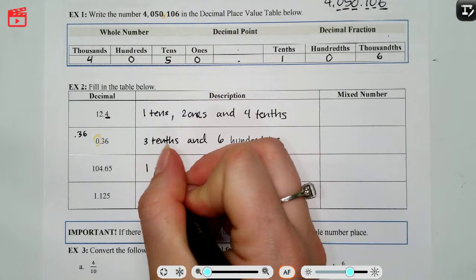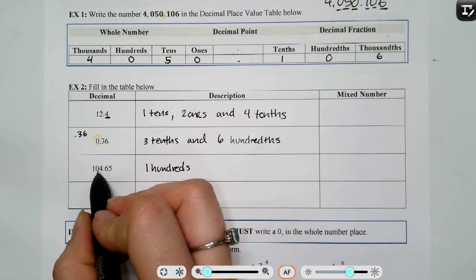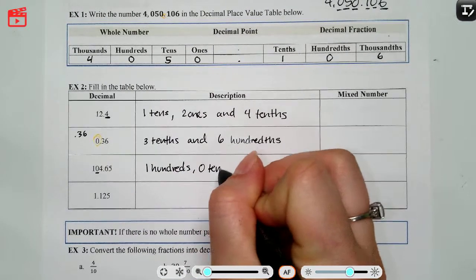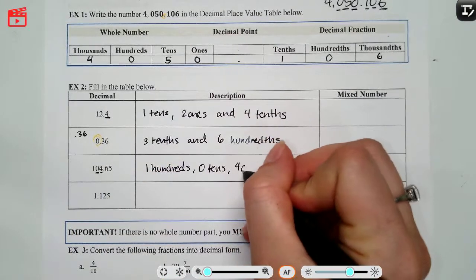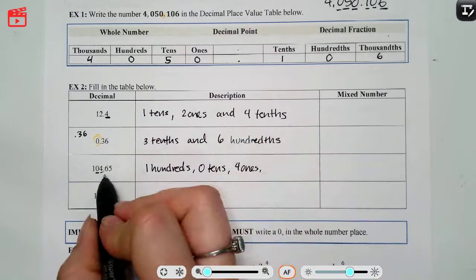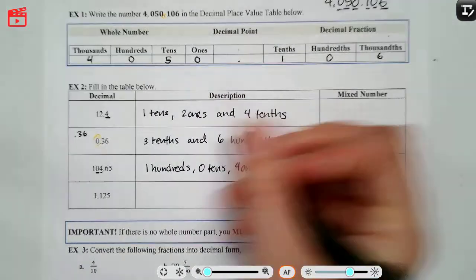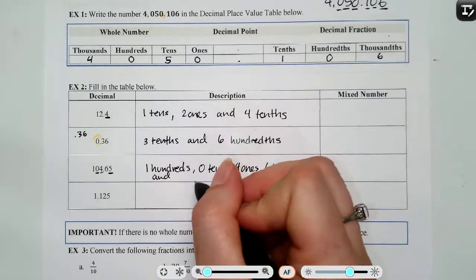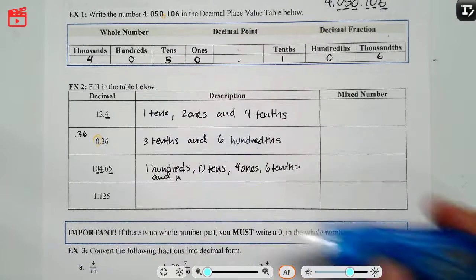So we have 1 hundredths, 0 tens, 4 ones, 6 tenths, oops, and I'm running out of room here, and 5 hundredths. Oops, where's my whiteout? 5 hundredths.